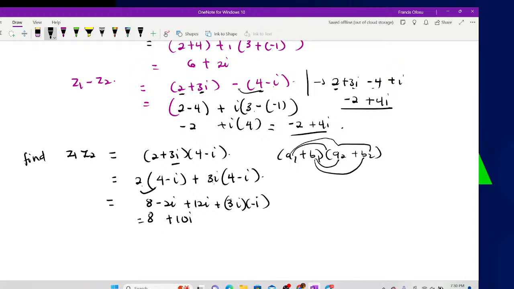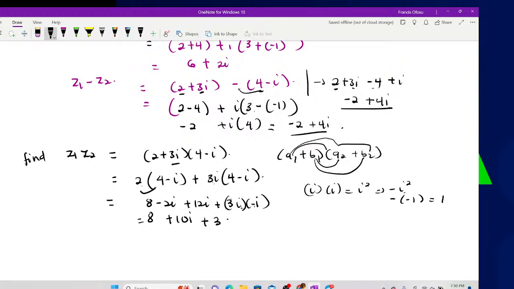Then I'll have I times negative I to give me what? Negative I squared, right? So if you have I multiplying I is equal to I squared. And there's negative already here. So it's going to give us negative I squared. We all know that negative I squared is equal to negative 1. So I'll have negative 1 and I'll get positive 1. So at this point, I'll get this and this will give me positive 1.